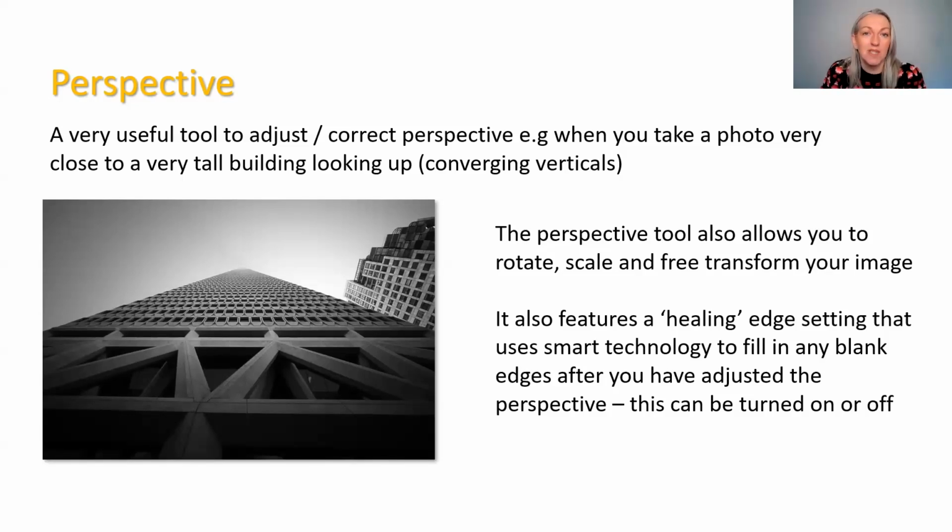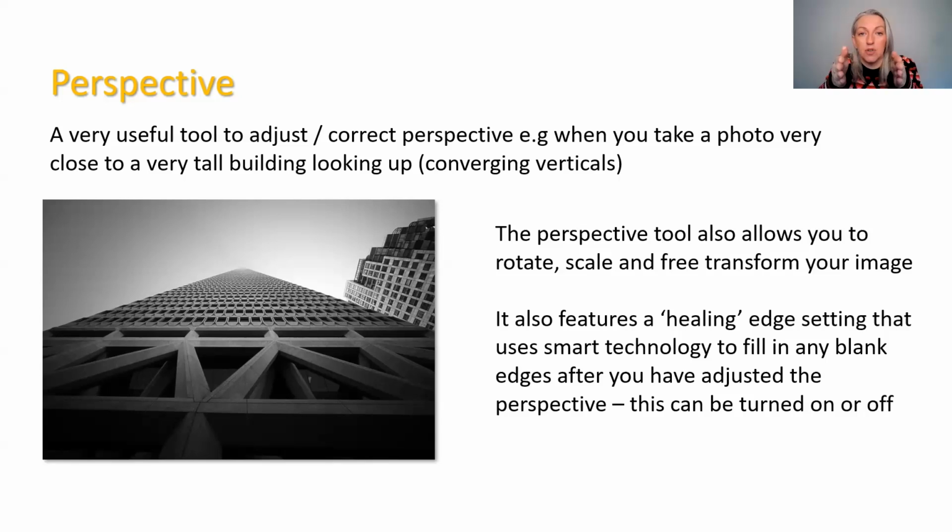So there are specific lenses that you can use to try and overcome those converging verticals. They're called tilt shift lenses, where they try and avoid that happening. But there is a tool in Snapseed, which is known as perspective, where you can go in and adjust that.